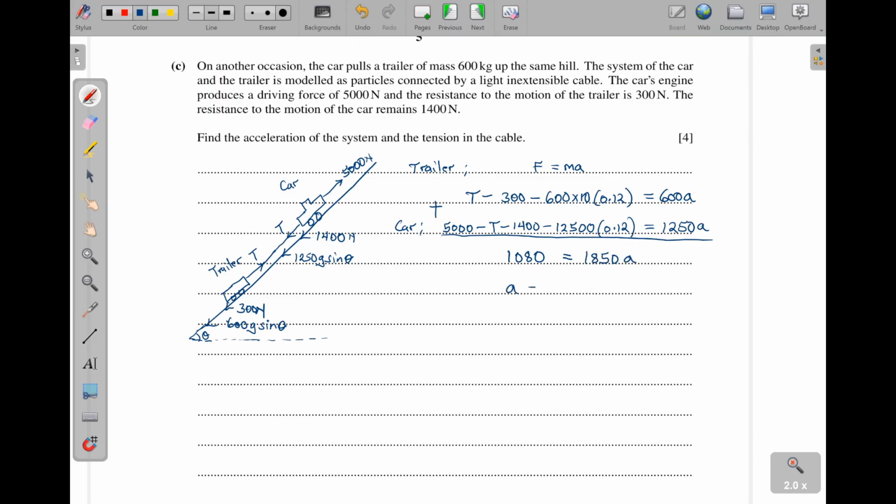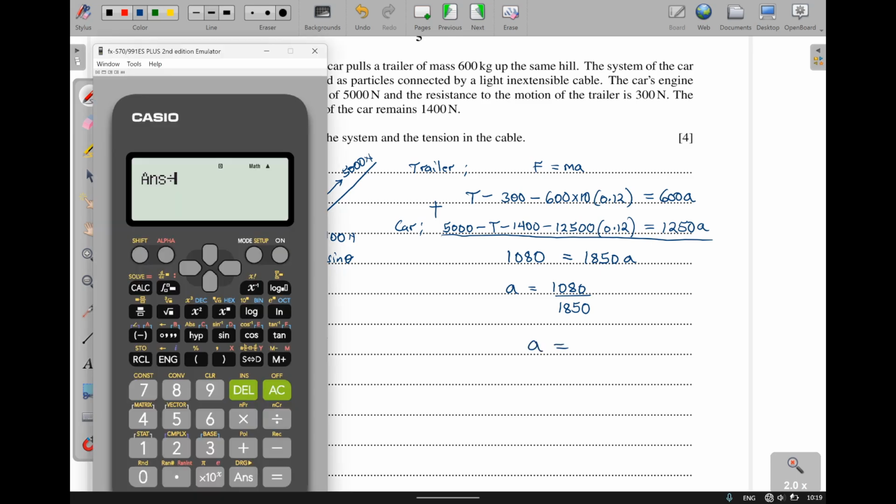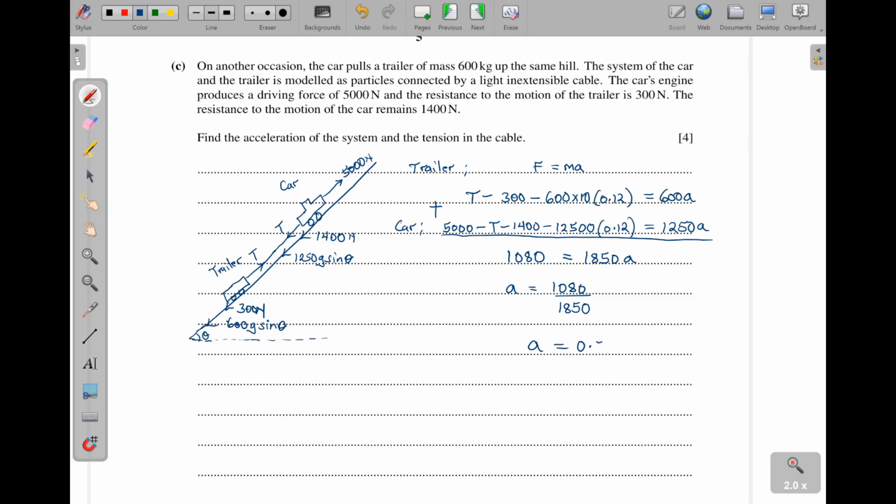So a is 1080 divided by 1850, which is 108 over 185. To three significant figures, that is 0.584 meters per second squared.